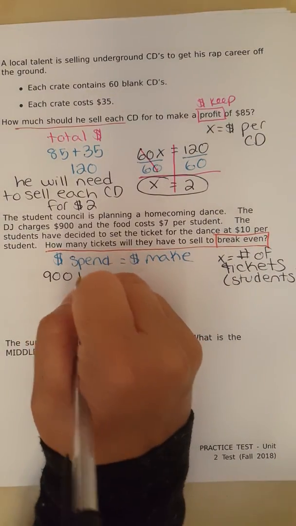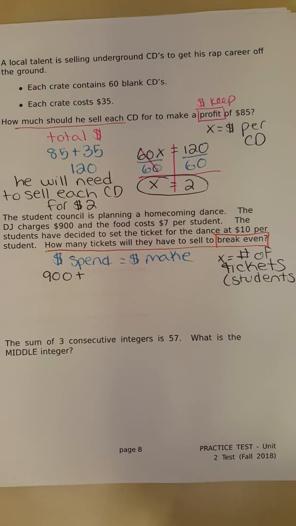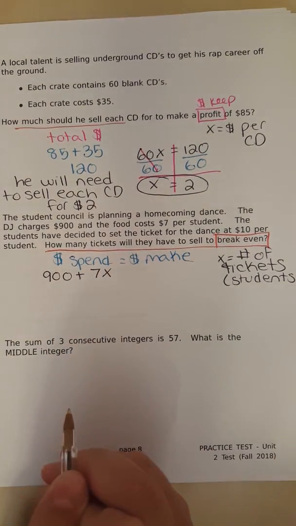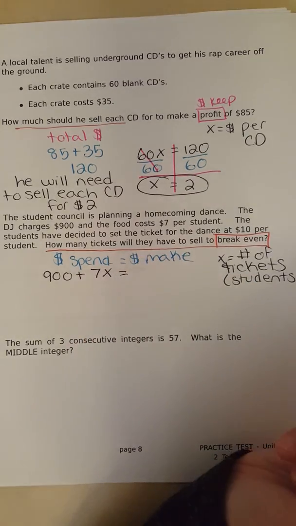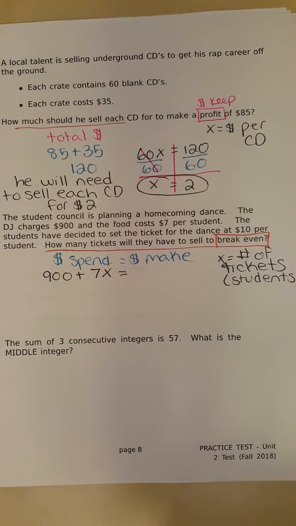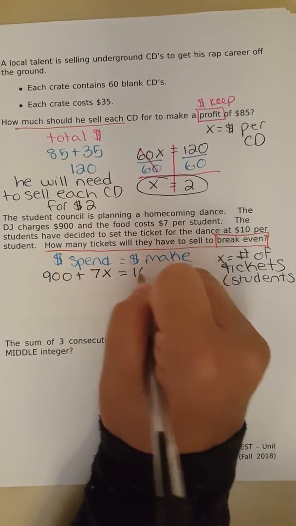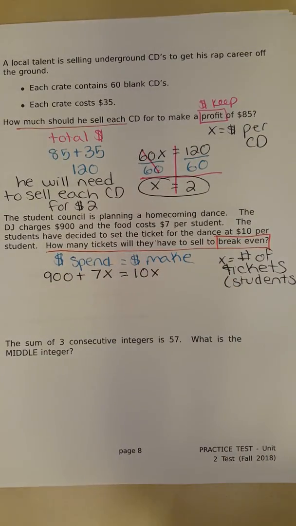So they're also spending more money. They're having to pay $7 for every student. So $7 times the number of students. And this is going to give us the amount they're making on the other side. On the other side, they're getting money for every student that gets a ticket. So the tickets are $10 per student. So $10 times the number of students.